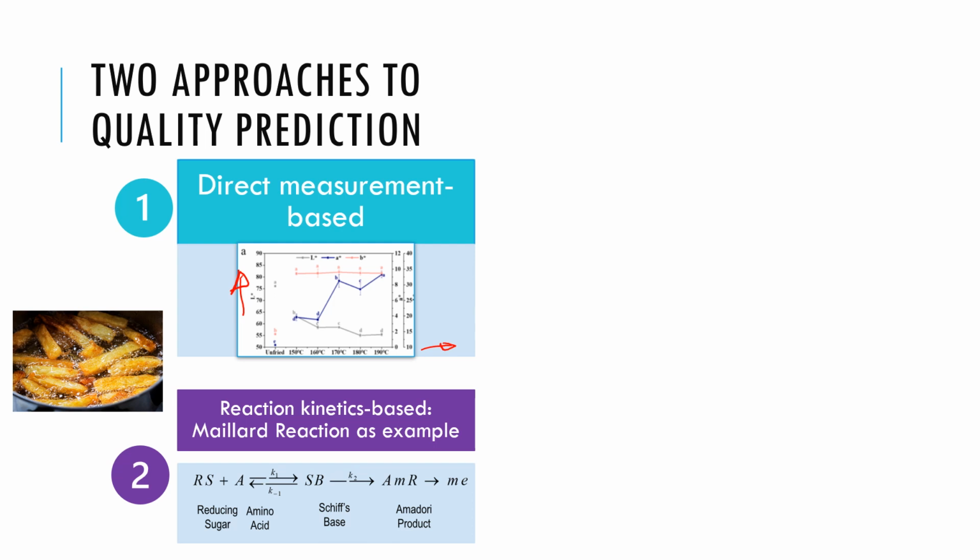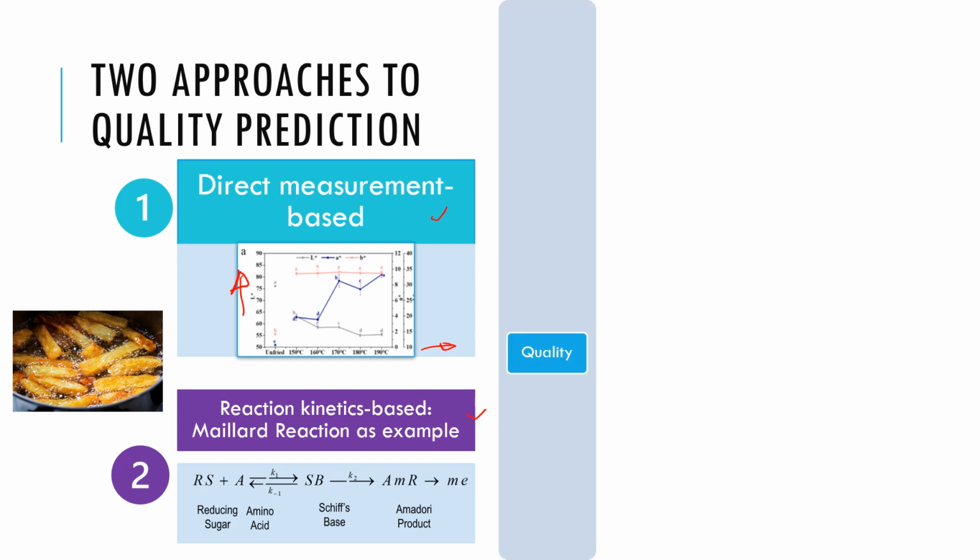We can calculate the extent of reaction, that is the color. Now this idea of either direct measurement based or reaction kinetics based, these 2 possibilities, this is very, very general, and so it will apply to other aspects of quality.